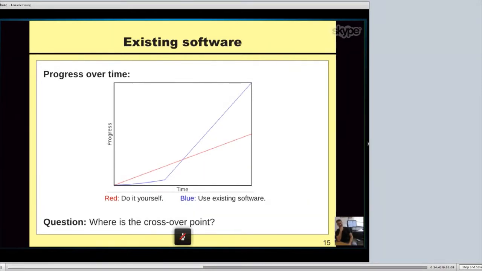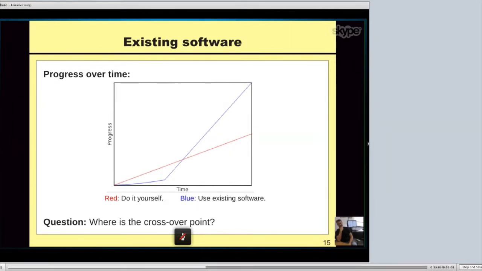Now, the question, of course, whether that's worth it or not, depends on where that crossover point is, right? So if it takes you 3 years to learn a package, and then you spend the 4th year being productive, then maybe that's not worth it, because the blue line will never cross the red line within the time horizon that you have.